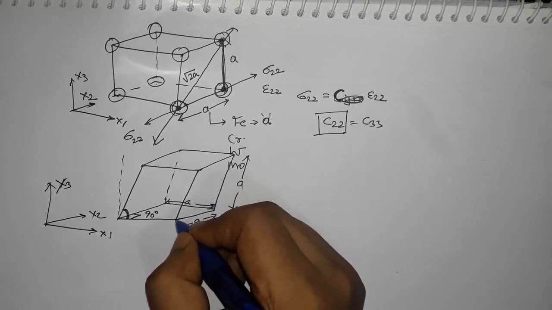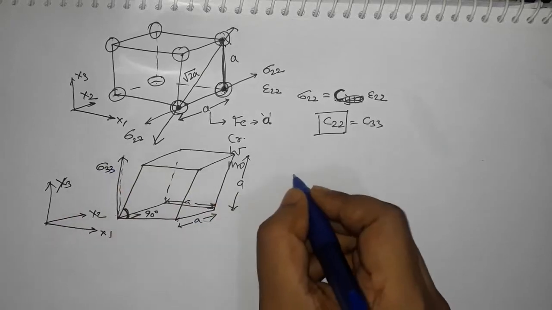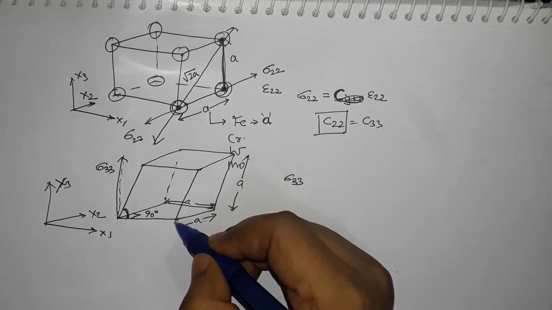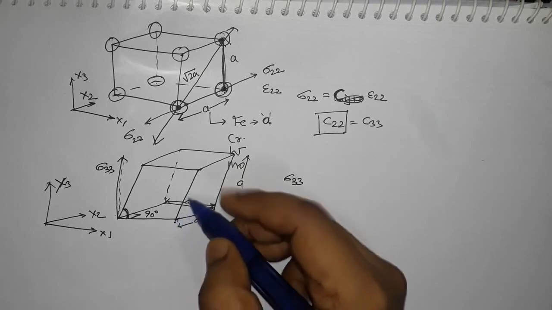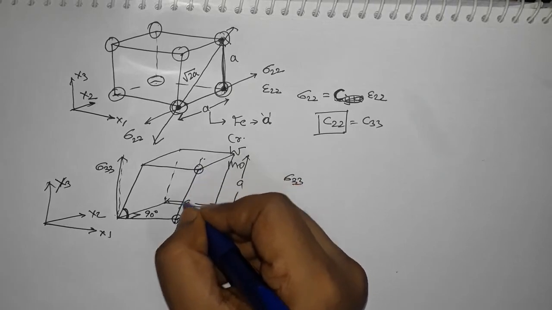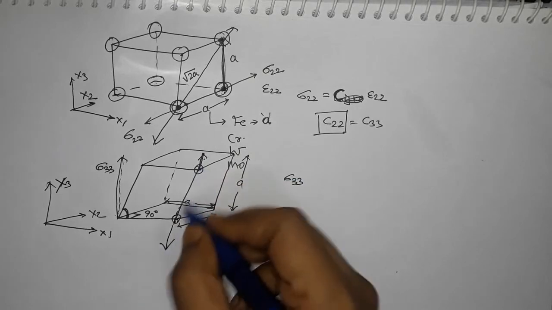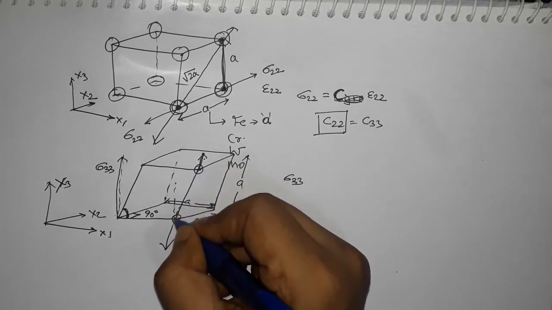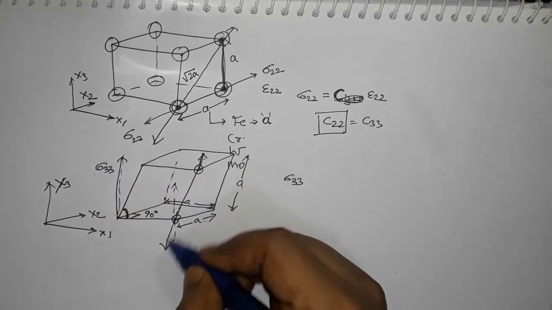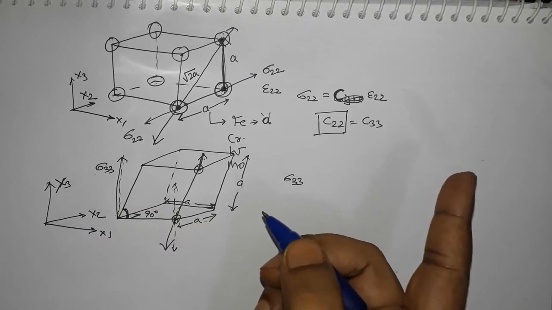So if you apply a stress in this direction, sigma 33, then sigma 33 will actually be working not along the atoms in this direction. So if you take this as the axis of atoms, the stress is actually working at a certain angle. And this sigma 33 along the axis of atoms will have a normal component as well as a shear component, right?